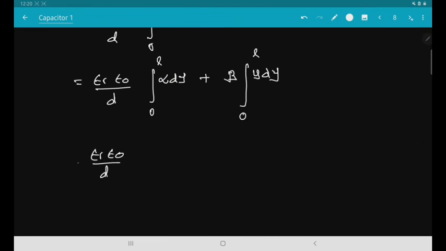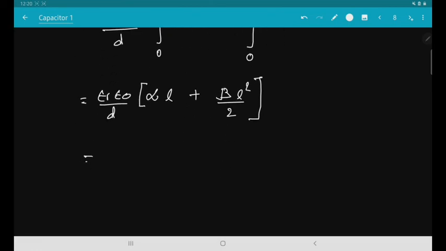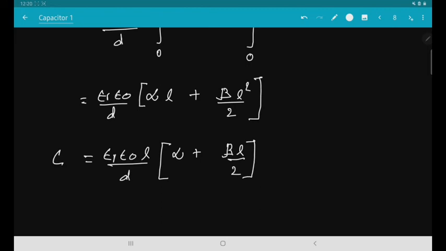We'll get alpha outside, and integration of dy is y, so we'll get here L, plus beta y dy is y square, that means we'll get L square by 2. We can take this L common outside, divided by D. Inside the bracket we will get alpha plus beta L by 2. So this will be the capacitance.